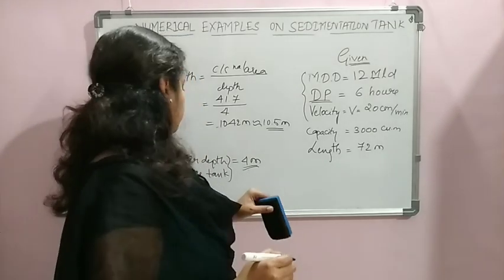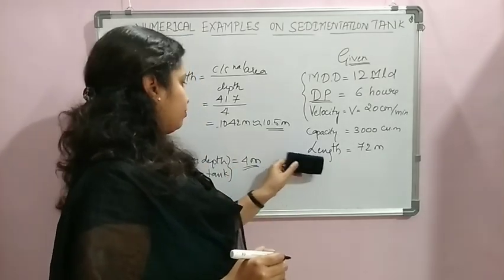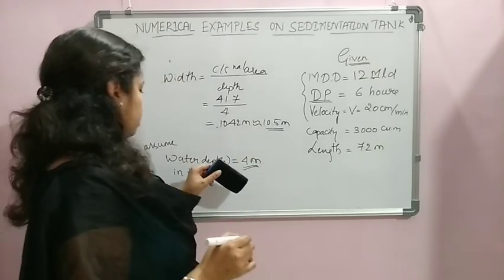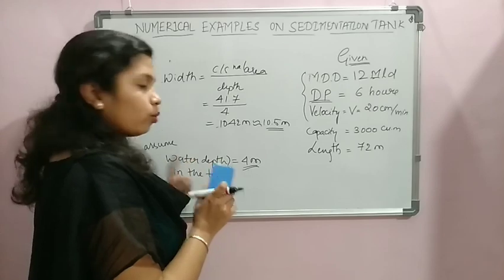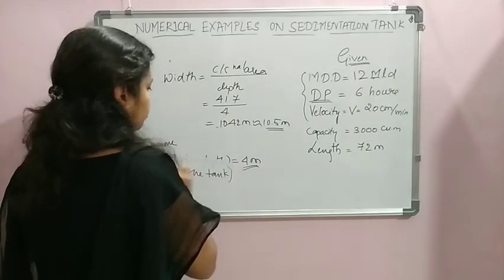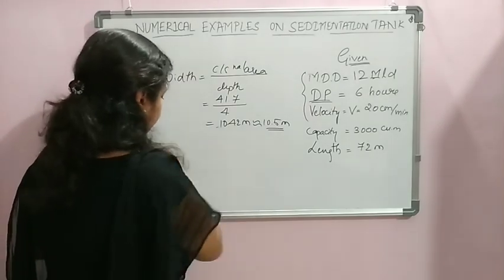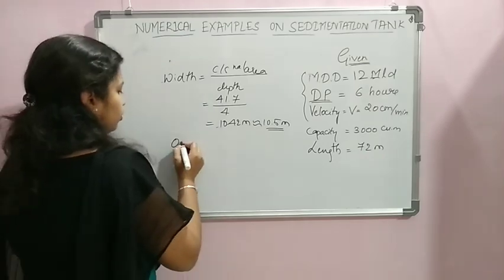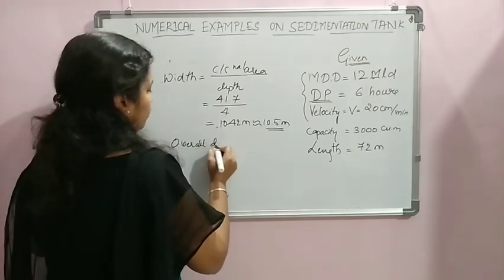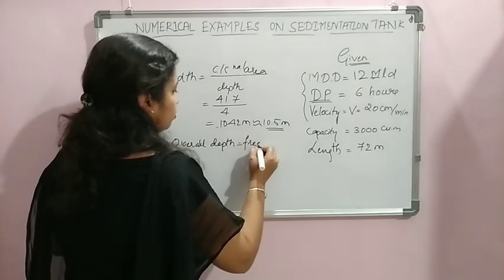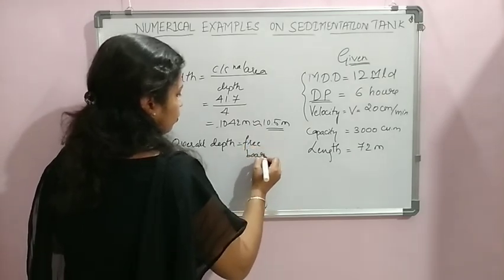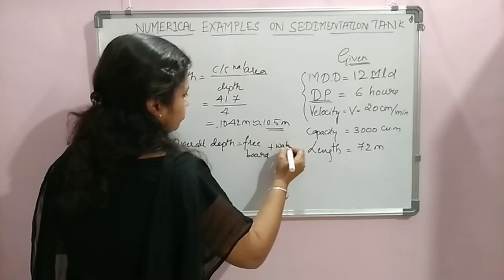Now we have almost all the dimensions, that is length of the tank, width of the tank, and also the depth of the tank. But this is the depth which is given only for the water. So for overall depth, we need to consider freeboard plus water depth.